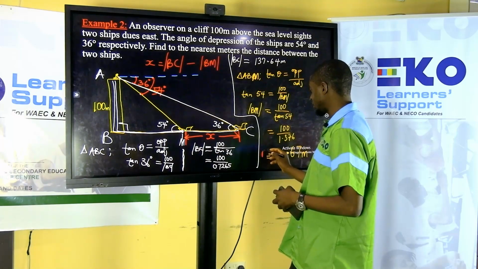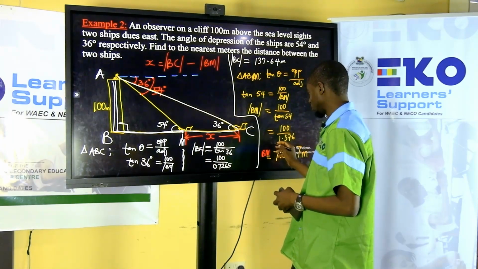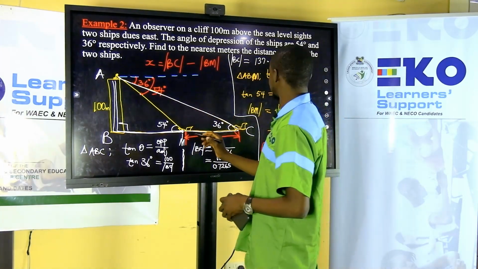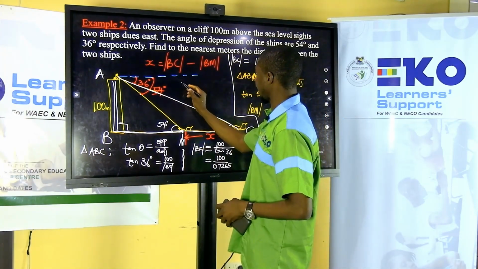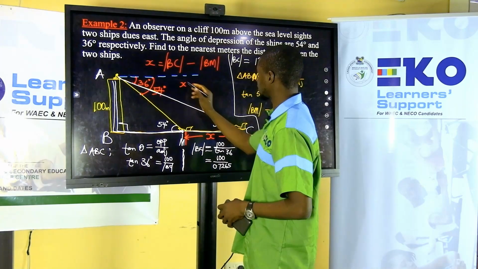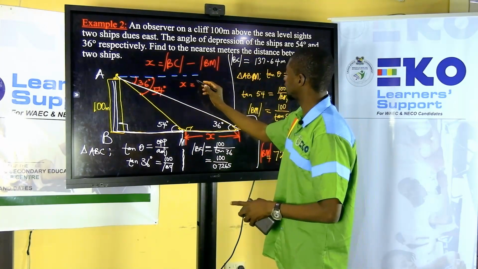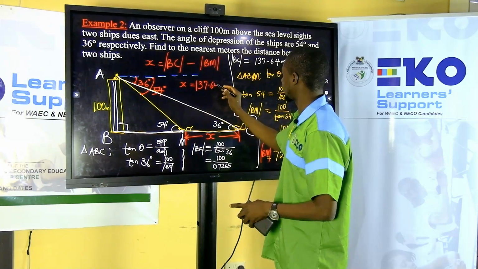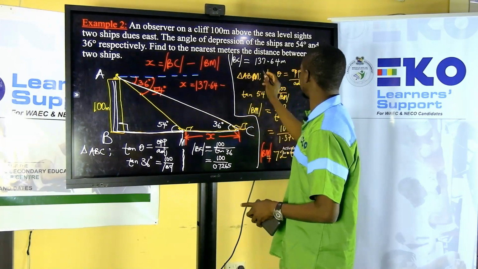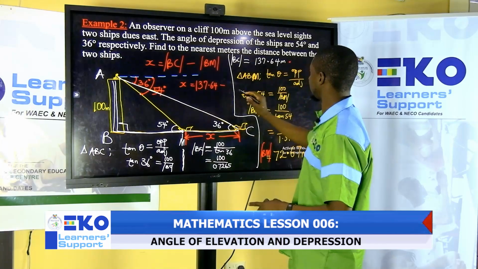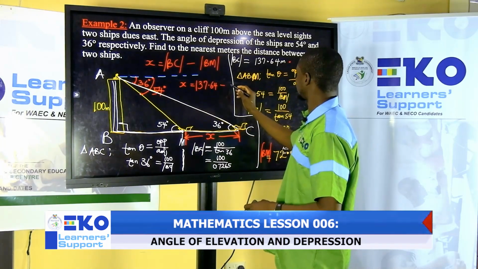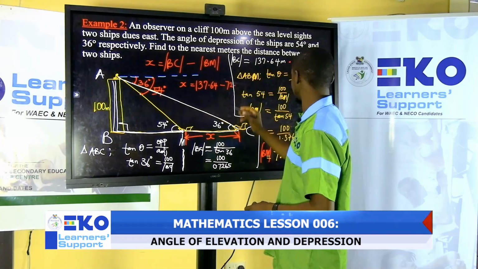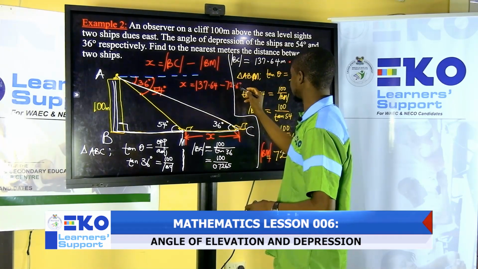We have gotten our BM to be 72.67. Now to get this, we then just say our X therefore equals BC, which is 137.64, minus our BM, which is 72.67.